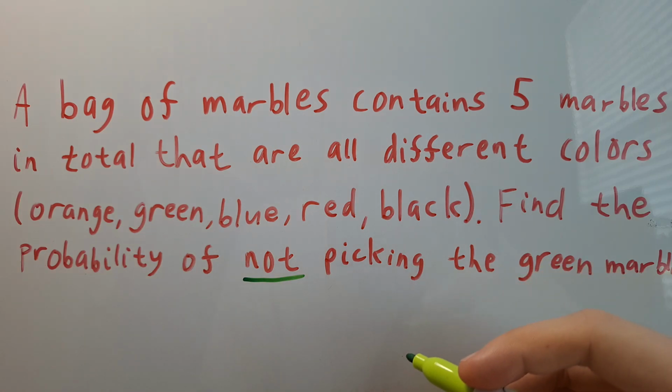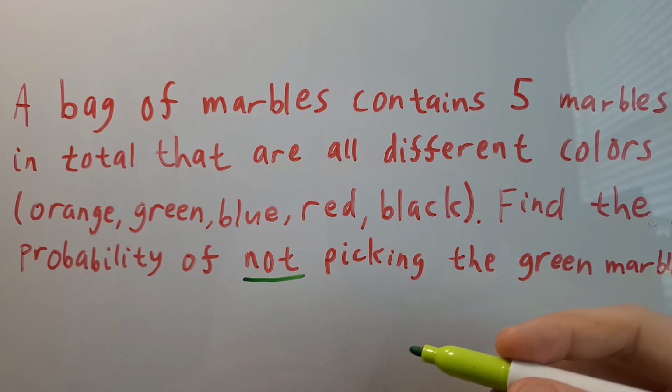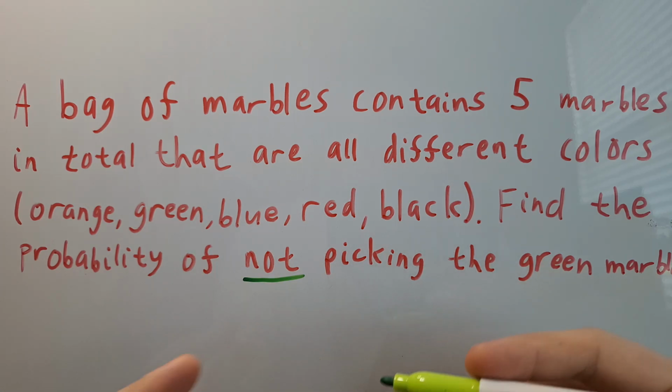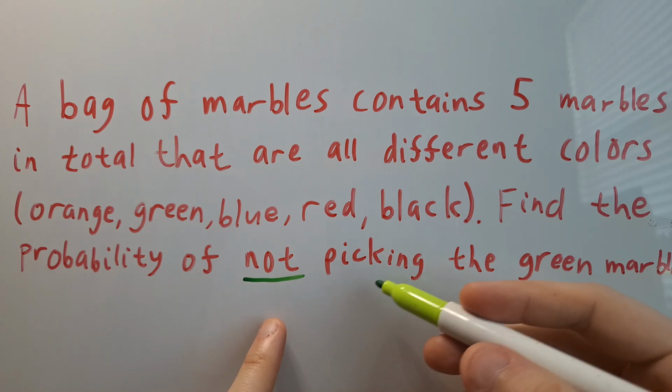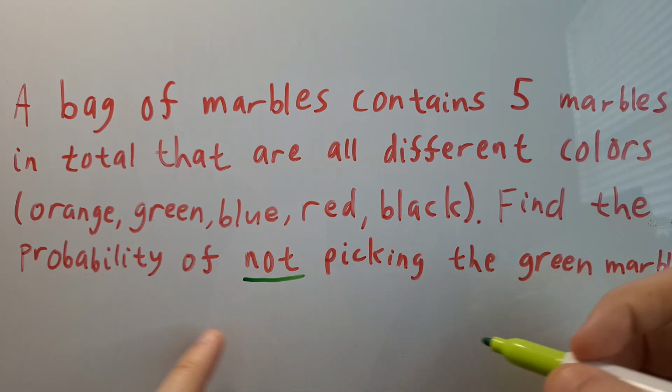So we can calculate this using theoretical probability, favorable outcomes over possible outcomes. And then we can subtract that from 1 to get that complement, or we can simply find the probability of not picking the green marble.